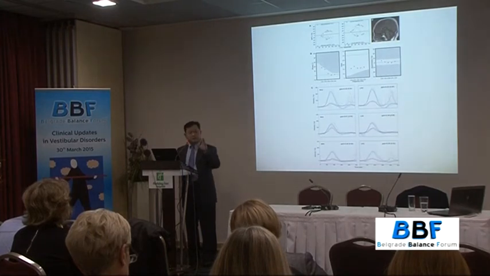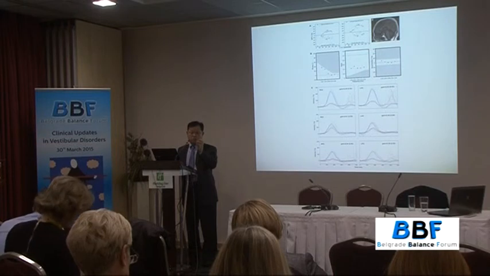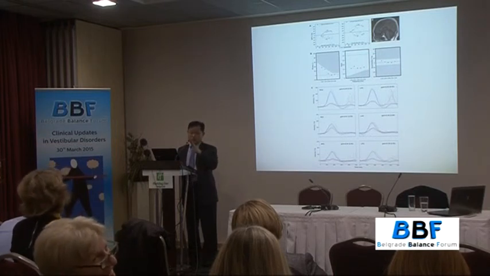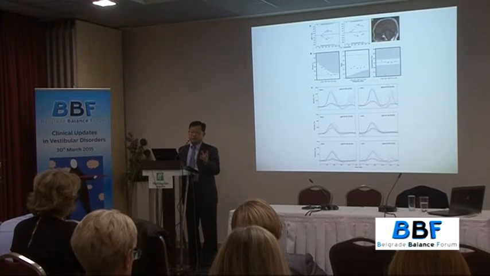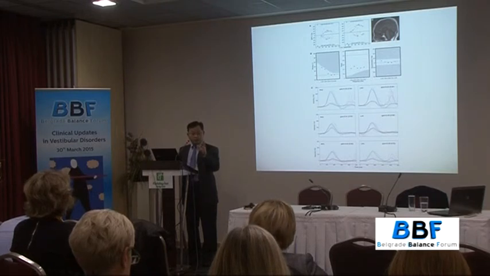SCA6 is known as the pure cerebellar form of spinocerebellar ataxia. But why do the patients get this bilaterally positive head impulse test? We still don't have any definite answer, but it may be from the involvement of the flocculus or the floccular form. The definition may be incorrect.